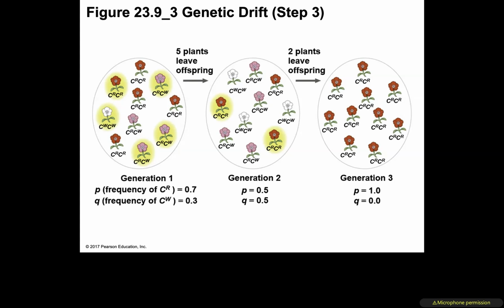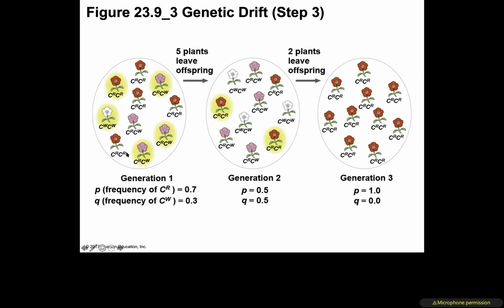So with that, the frequency of the red allele, all you do is count it. You go 1, 2, 3, 4, 5, 6, 7, 8, 9, 10, right? And then get my pink ones, 11, 12, 13, 14. Hopefully I counted that right. Let me count again: 1, 2, 3, 4, 5, 6, 7, 8, 9, 10, 11, 12, 13, 14.